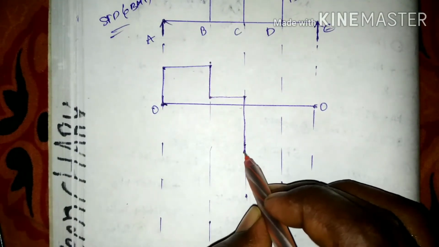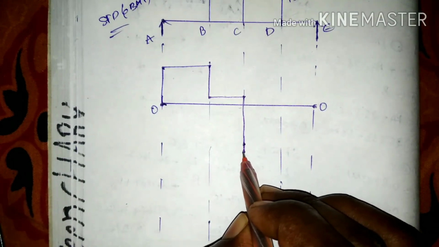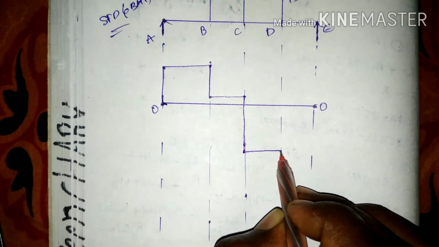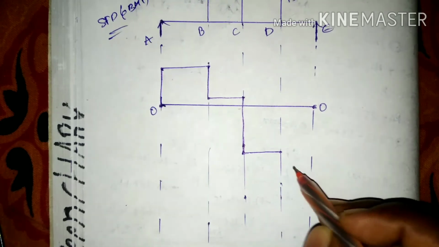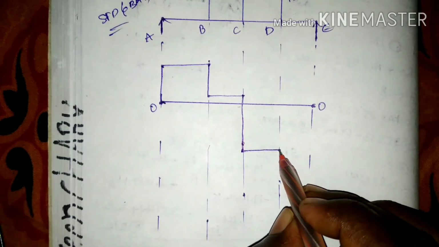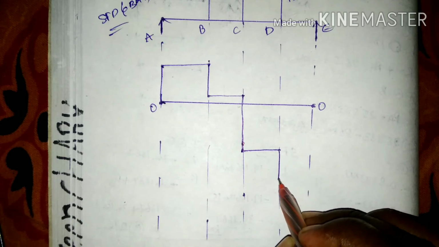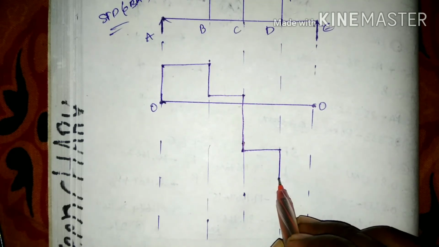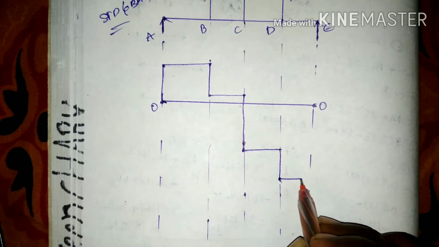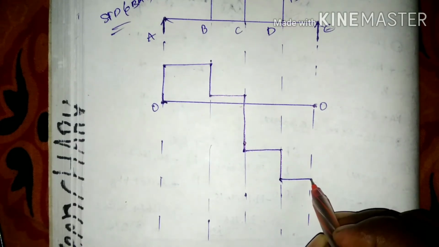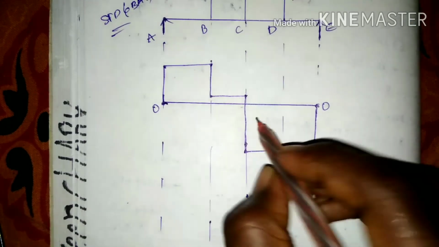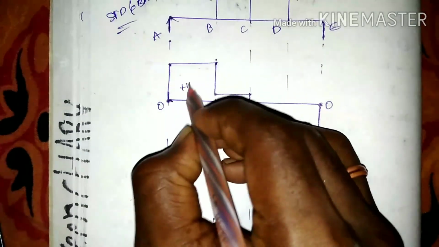After the right of C, it is minus 19.667. Let us have a point here, and from C to D, up to the left of D, the same value is carried. After the right of D, I find minus 34.1667, and moving on to the left of E, the same value. After the right of E, it is 0. This is negative, this is positive.